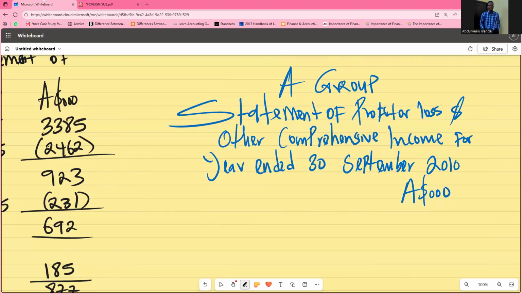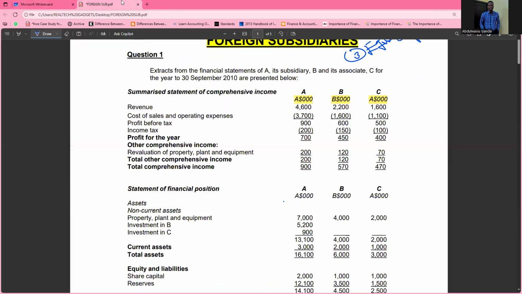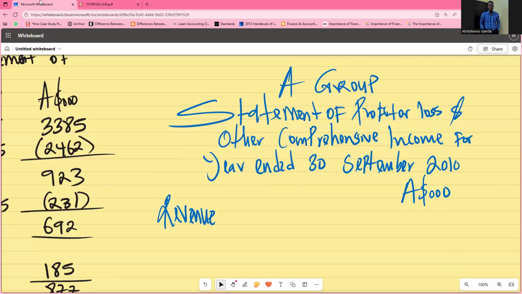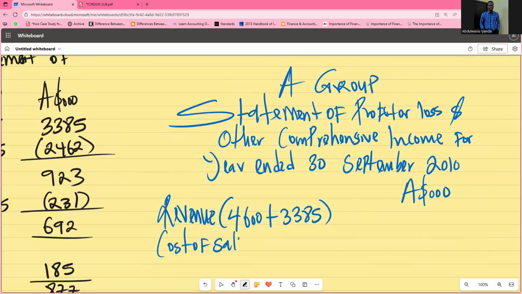So the first line item, revenue. You go back, what is the revenue of the parent? This one is 46. Then I can see 3,085. Then go to the cost of sales and expenses.